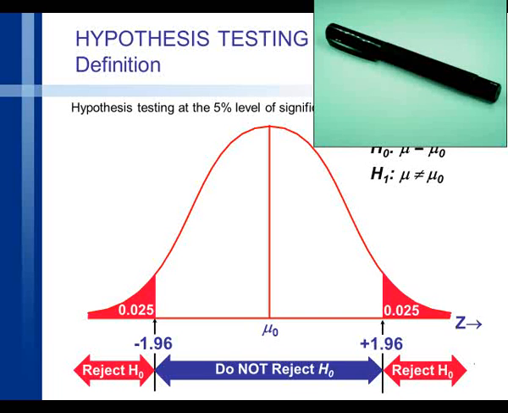So in the standard normal distribution, the value of z such that the probability that it's smaller or equal is 0.025 is minus 1.96, and the probability that z is greater or equal to 1.96 is 0.025. Okay?